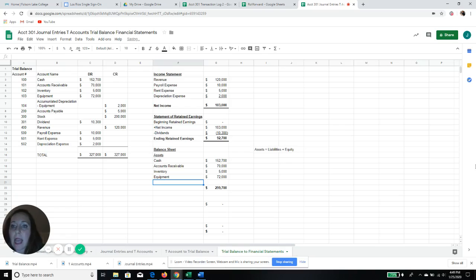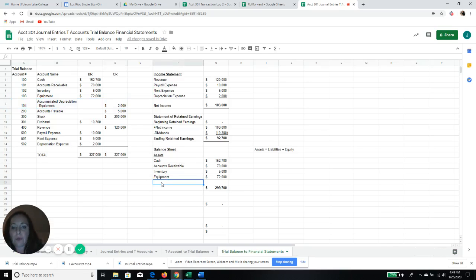And then I'm going to put my accumulated depreciation because my accumulated depreciation is an asset. We can tell by the account number I've given it, and also because it was on our transaction log listed under assets. But it has a credit balance, which means it's decreasing assets.